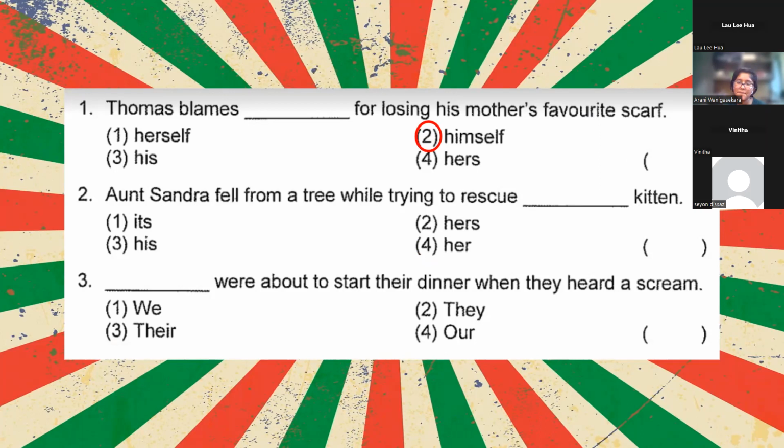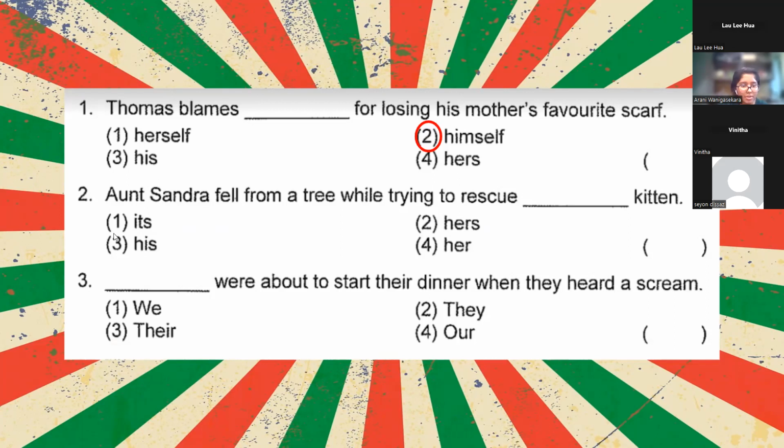The kitten does belong to Aunt Sandra, but you can't use it there. You can't say Aunt Sandra fell from a tree while trying to rescue hers kitten because it's not grammatically correct. So you have to say her kitten. Her also means that it belongs to Aunt Sandra, right?